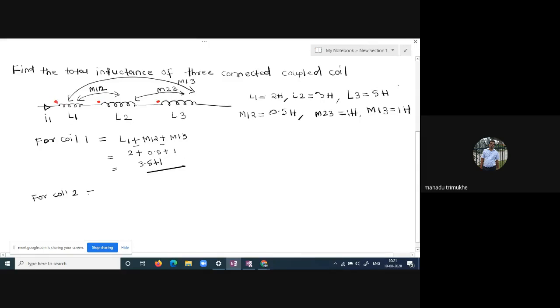For coil 2, what is the equivalent inductance? L2 is associated with mutual inductances M12 and M23. So the equivalent inductance is L2 plus M12 plus M23.